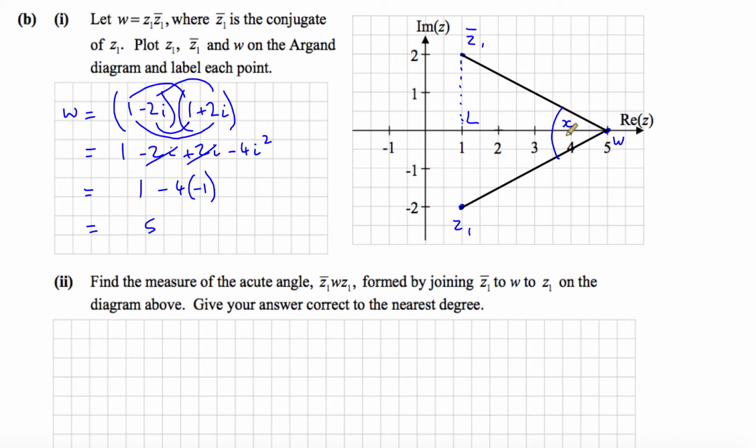So once I find X, I'm going to double it. Well, this angle X, I know the opposite side here is 2 high, and I know the adjacent side of the triangle goes from 1 to 5, which is 4 units. So I can say that the tan of X is the opposite, which is 2, over the adjacent, which is 4.